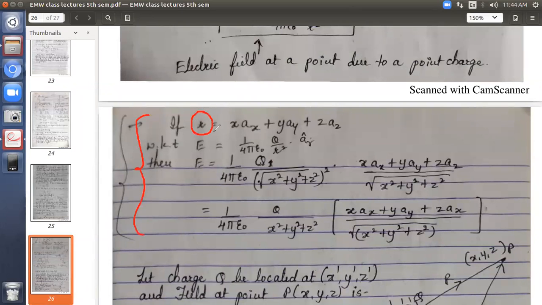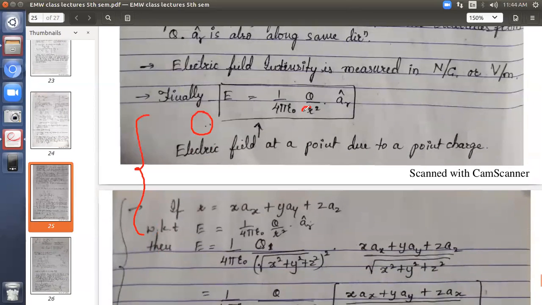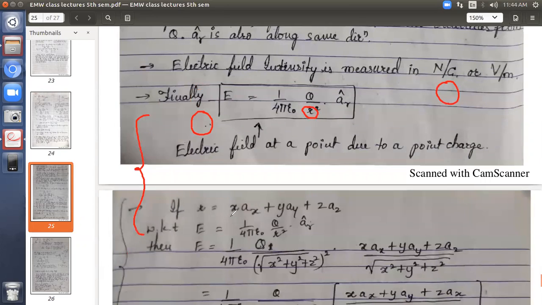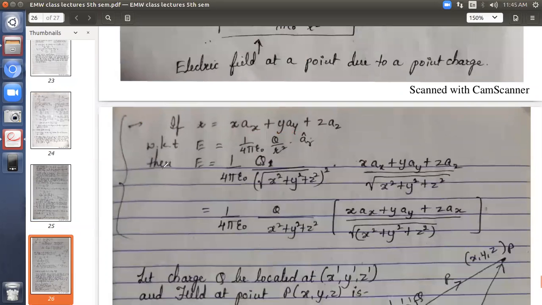Suppose the small r in the denominator is in three different coordinates, x ax plus y ay plus z az, where x, y, z are the magnitudes and ax, ay, az are the three different directions. Then we arrive at the equation E equals 1 by 4 pi epsilon naught q by r square into ar.